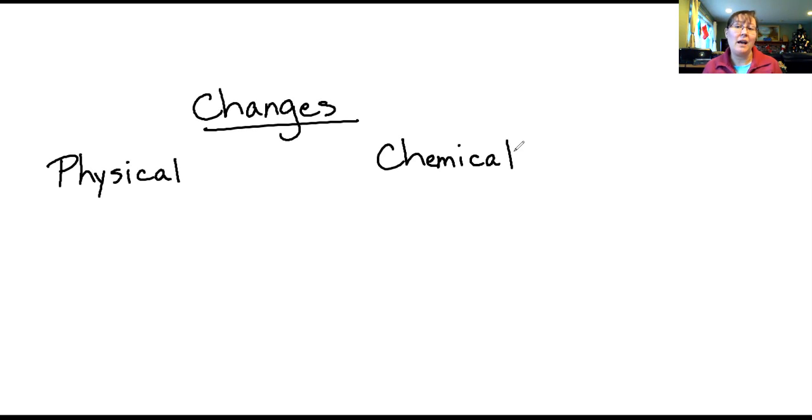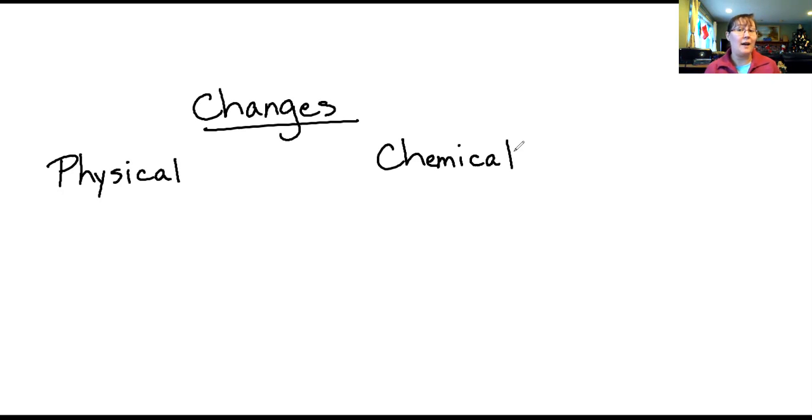A good example of that would be breaking an egg, okay? If you take an egg and you break it and you drop it out, you have just done a physical change. You've broken that eggshell. You cannot simply put the egg back into it. So that's a good example of a physical change that is not reversible. Another physical change that is not easily reversible is, let's say that you are making masks, like many of us, right?